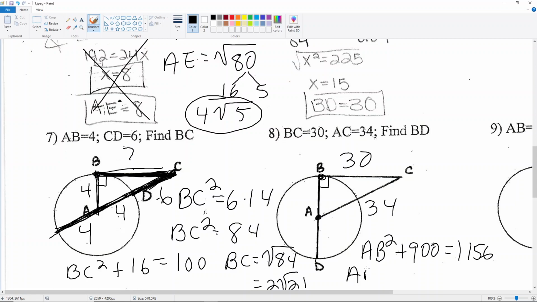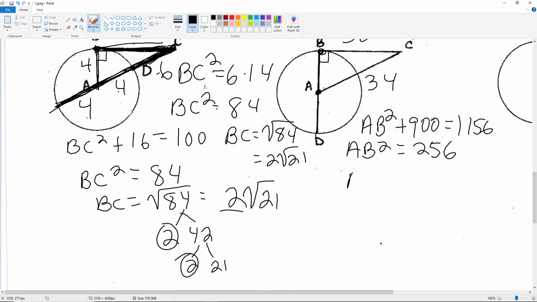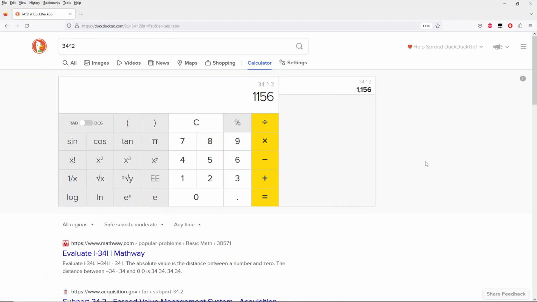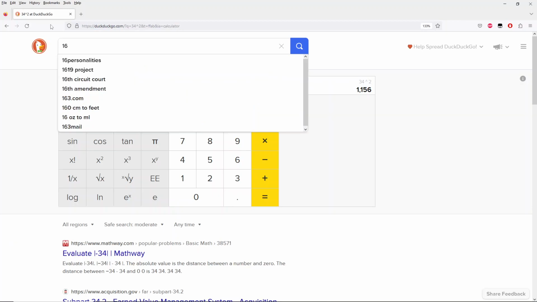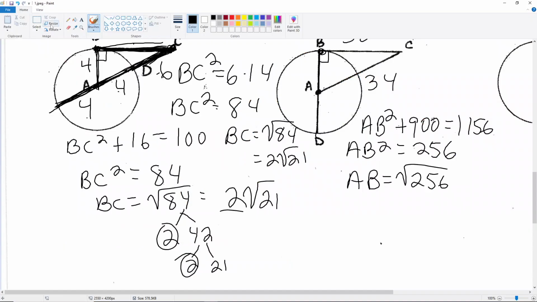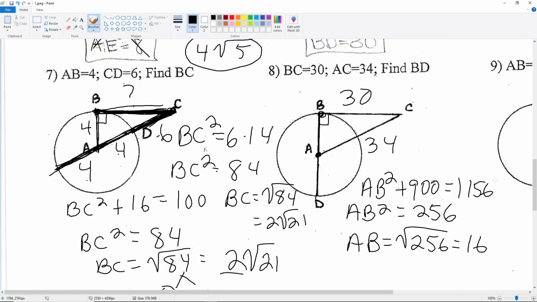AB squared equals 1156 minus 900, which is 256. Look at that. AB equals the square root of 256, which is 16. So if AB equals 16, BD equals 32.